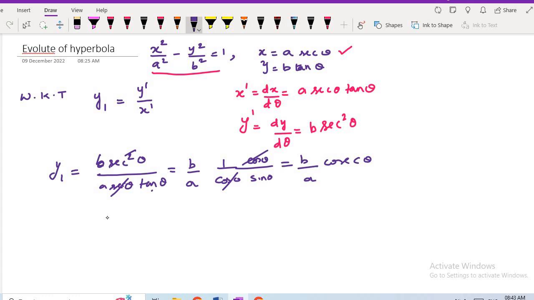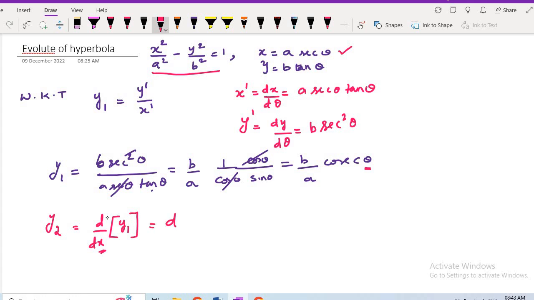So next we have to find out our y2. If we need y2, what is the formula? d by dx of y1. See, y1 we have in terms of the parameter theta, but now we are going to differentiate with respect to x.